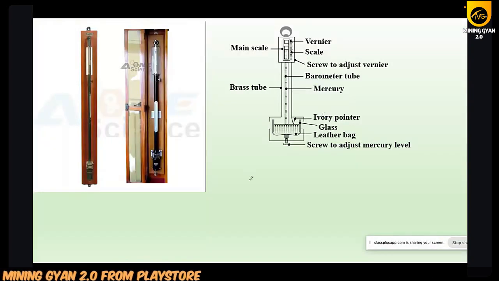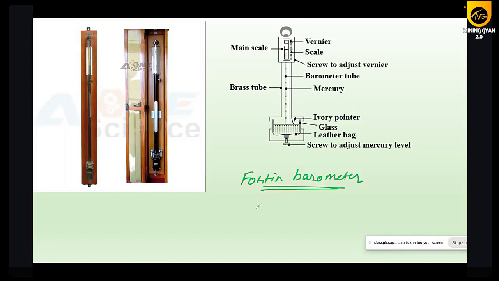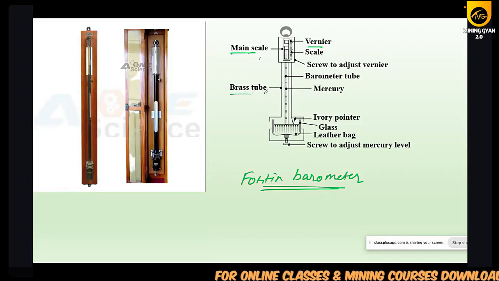And this is the Fortin barometer. In the Fortin barometer there is the main screen, the vertical scale, a screw to adjust, and a brass tube in which the mercury is used.